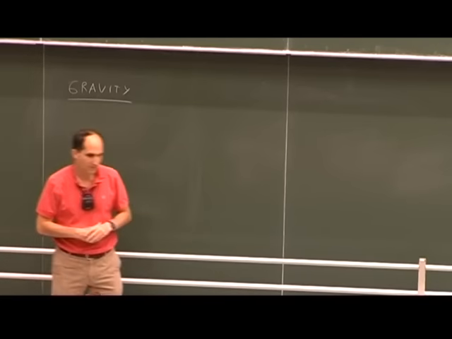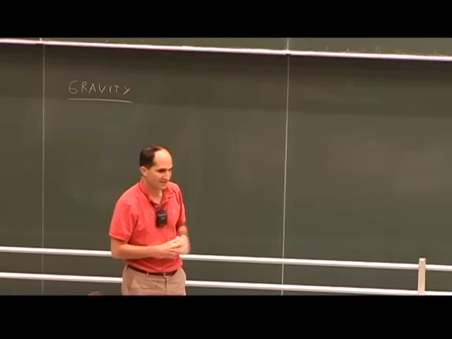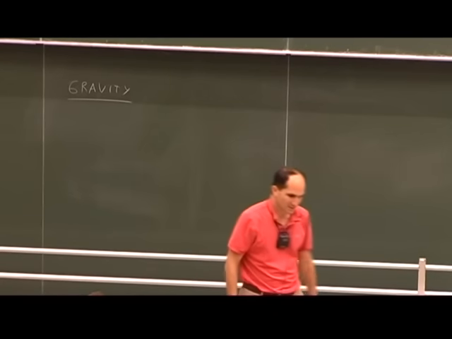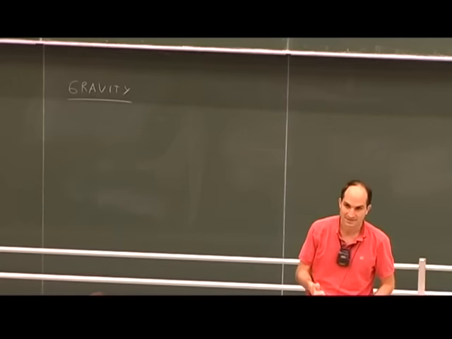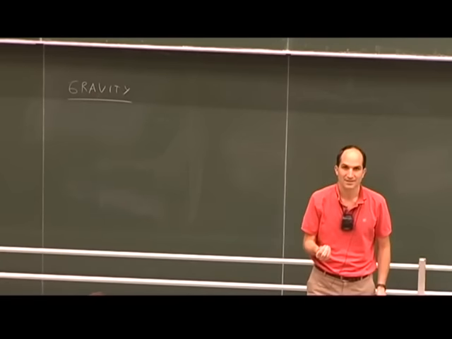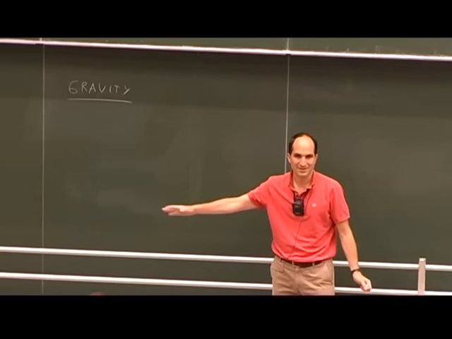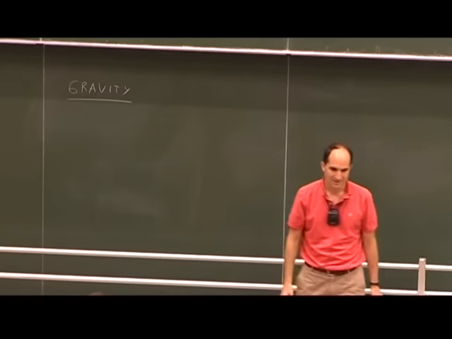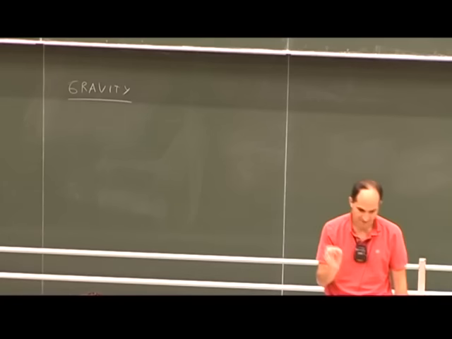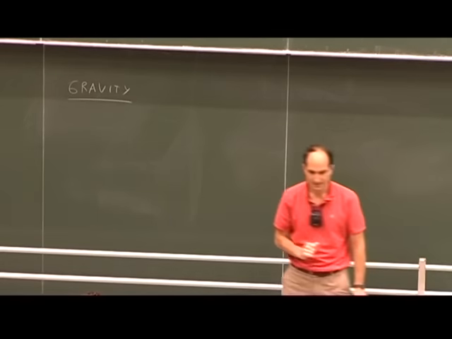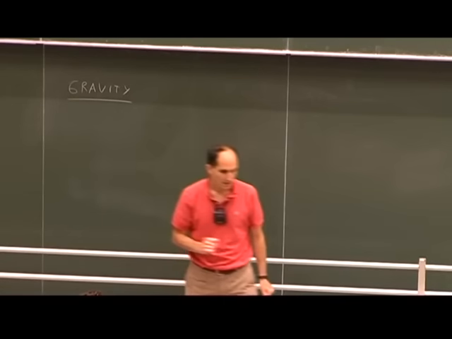This point I'm making is actually pretty important, and it's related to the fact that gravity does not have a local stress tensor. If it had one, we would be able to put gravity on an arbitrary manifold, which we can't. It's related to the fact that in general relativity we cannot define a local notion of energy.